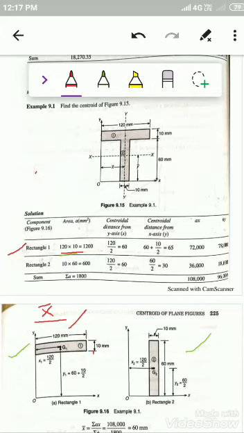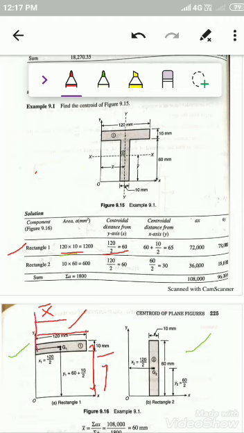With respect to the x-axis, that is y bar. So I have to determine the centroidal distance from the y-axis, which is x bar. Total is 120. For the rectangle we know that x bar value is b by 2. Here b is equal to 120, therefore 120 divided by 2. This is x bar with respect to the given reference axis y.